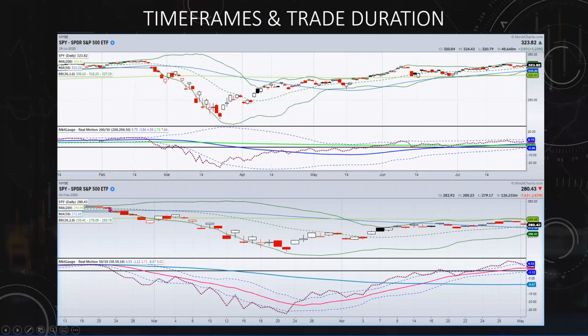You have the same type of situation, but it happened faster with the real motion set at the 50-day. So you can see two different readings, and the breakdown really occurred much earlier on the shorter term one, where the reading was based on the 50 and the 10-day, as opposed to the 50 and the 200.